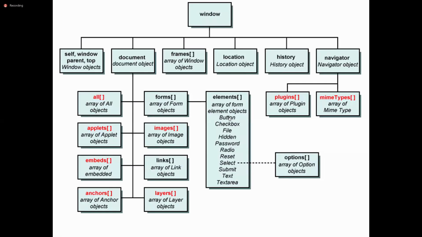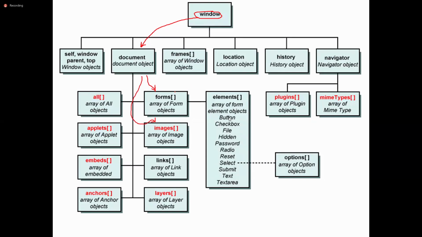Generally, we have the HTML document, and this is the HTML document referred. So the parent is window. In that window, many objects are present. Your HTML document is this document. In the document, you have forms, images, links and all.